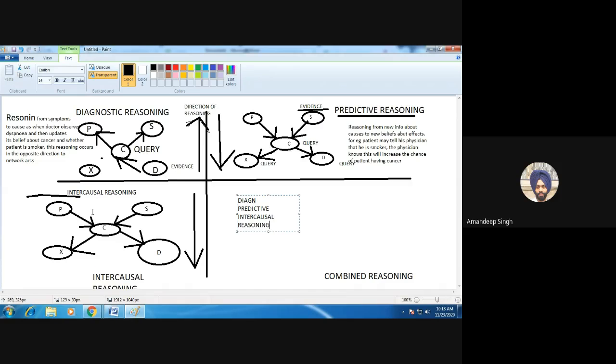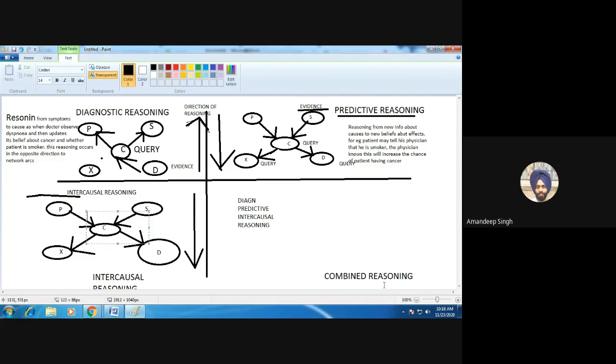Then intercausal reasoning has to do with going away from one alternate cause, given another cause which is instrumental in determining the value for the given cause. That is, this piece of information is more instrumental in determining the value for this factor.